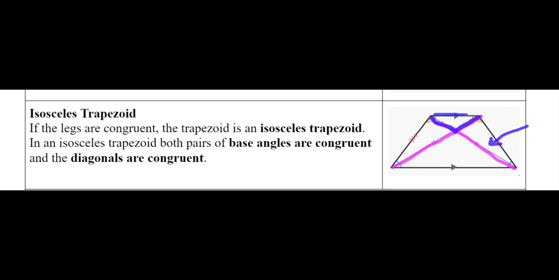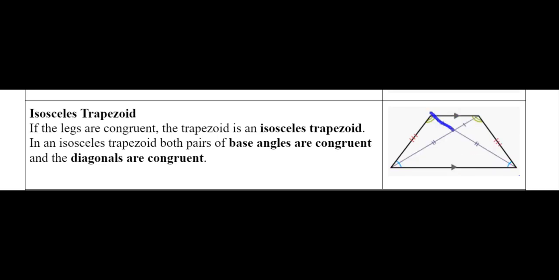So this triangle up here is isosceles. And similarly, the triangle down here is isosceles. So we have an isosceles triangle at the top and an isosceles triangle at the bottom.